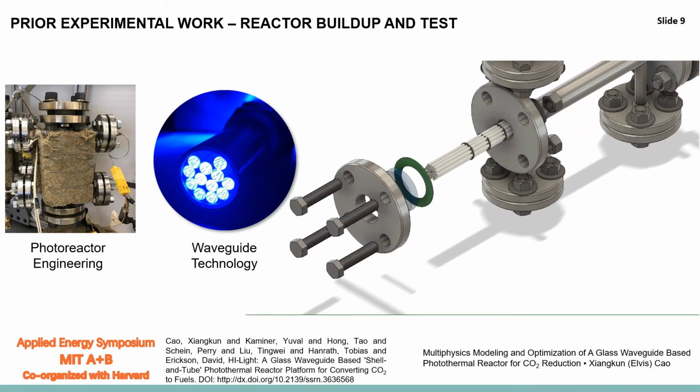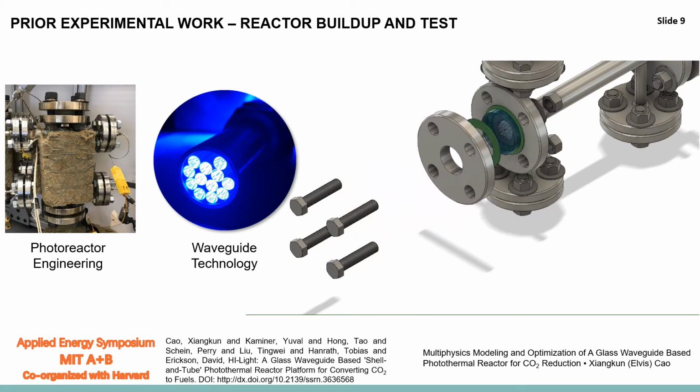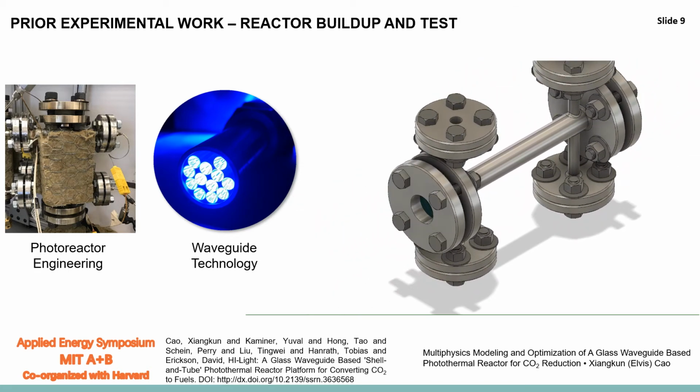On the right-hand side is a small video. As you can see, this is a sampling video, and the key part inside is the waveguides that help transfer the light to the right place. Right now, the article is under review and has already been posted to the SSRN preprint platform.